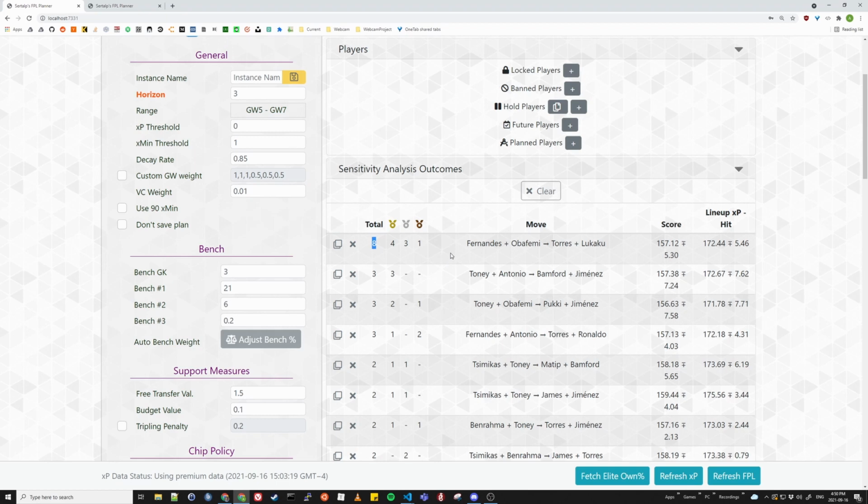So here, the solution that appeared the most is this one: sell Fernandez and Obafemi and then buy Torres and Lukaku. And then the second best solution is selling Tony and Antonio and getting Bamford and Jimenez. As you see, this solution appeared in 3 of the entire 20 scenarios, and among those 3, it was the best solution.